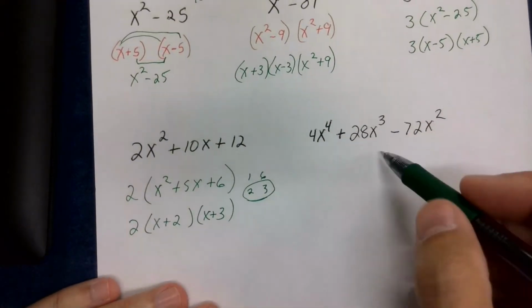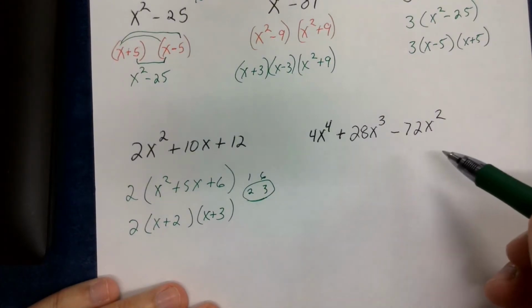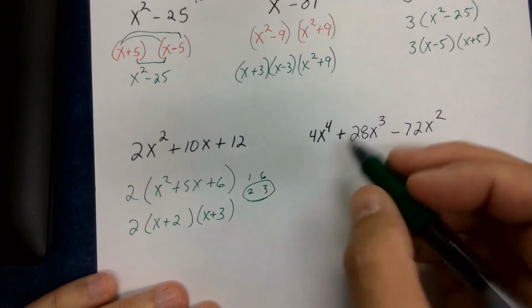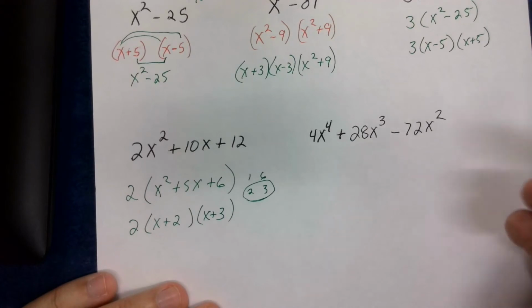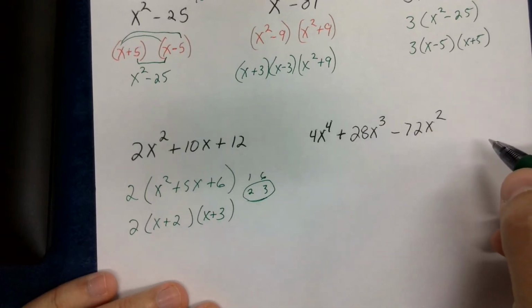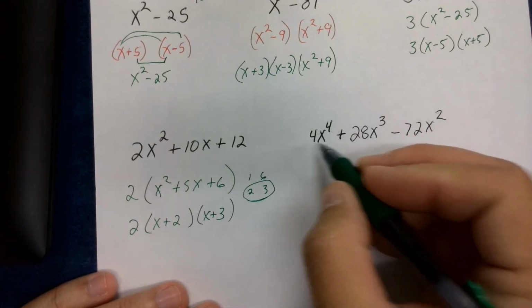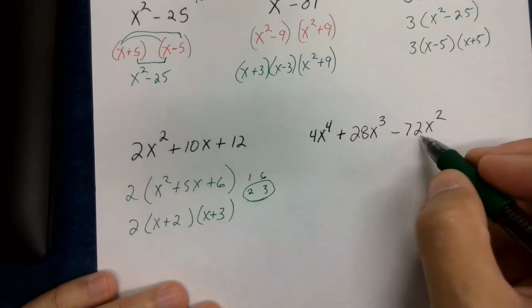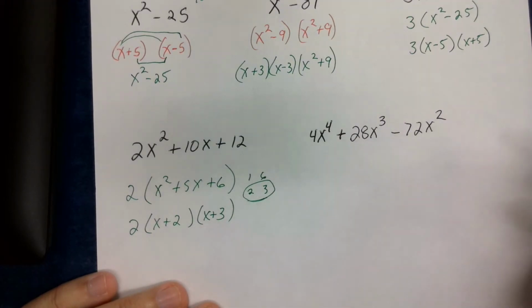This one over here, again, a little bit more complicated, but I think you need to see some of these to do some of the stuff that I put in Big Ideas online assignments. So I'm going to go ahead and go, 4 goes into 28, and 4 goes into 72.